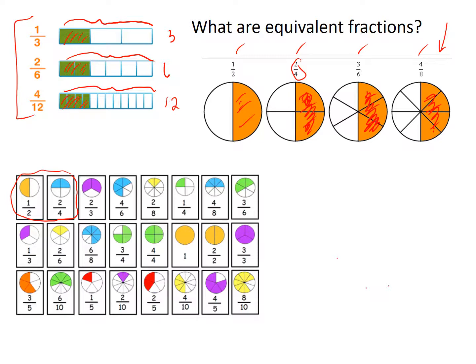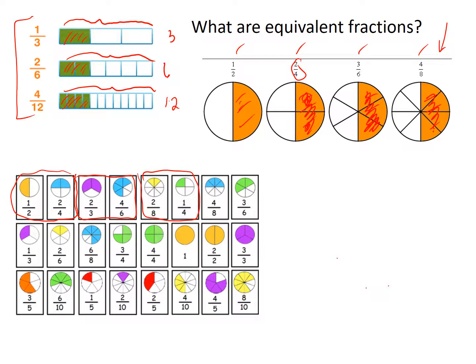If you look at these next 2, 2/3 and 4/6, they take up the same amount. The 2/8 and 1/4, same thing there. It might be worth your while to take a minute, pause the video, and try to circle, like I did, all of the equivalent fractions. Pause it for a minute and see if you can get through all of them.